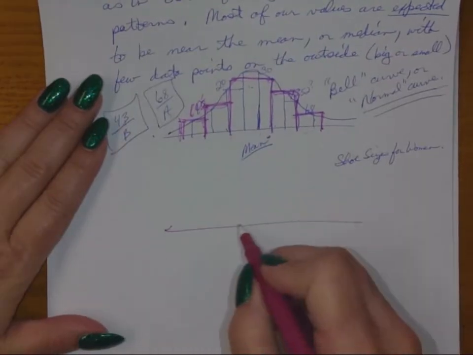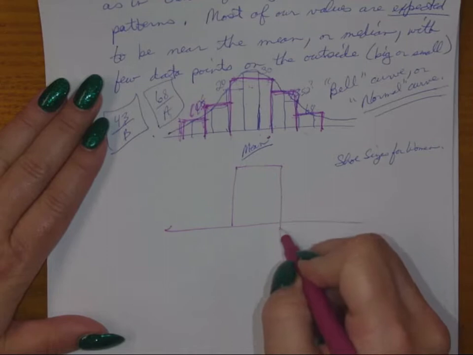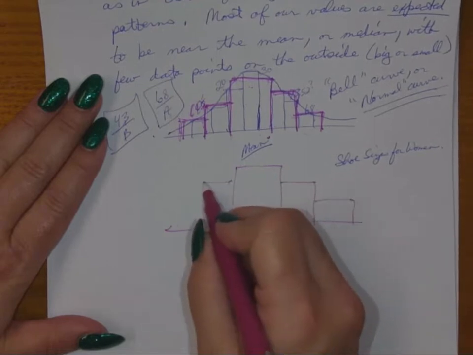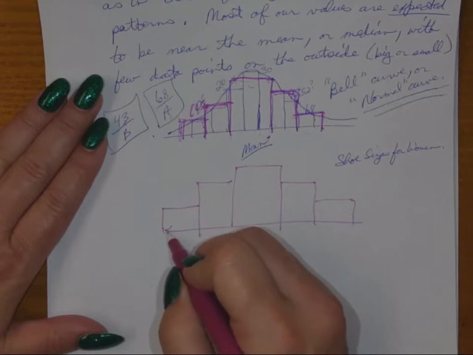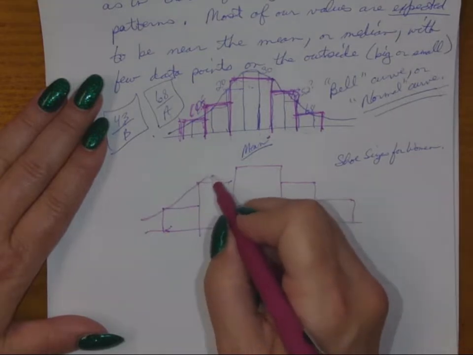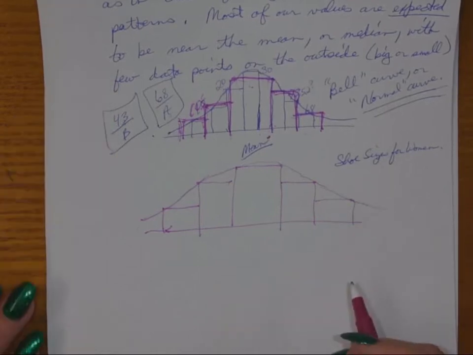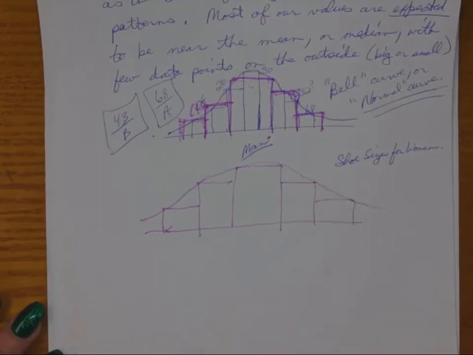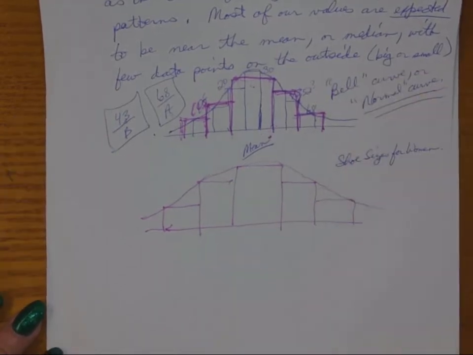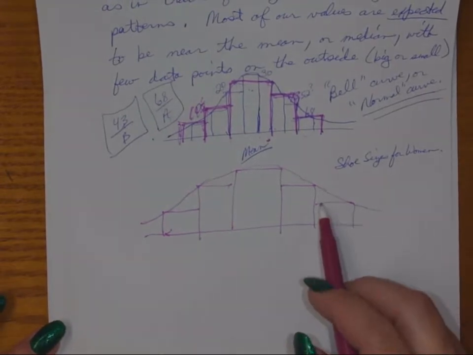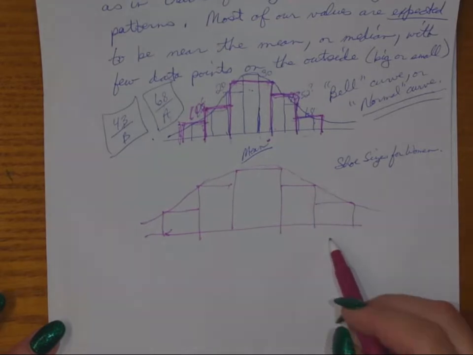If it looked like this and I wanted it to be a normal class with a bunch of C's, some A's and some B's, D's and F's. So again, just trying to keep with that normal curve kind of thing. Okay. And I'll talk about the difference between this one and this one in a second. But if I looked at that and I said, oh, all my scores are up here in the A's and B's.